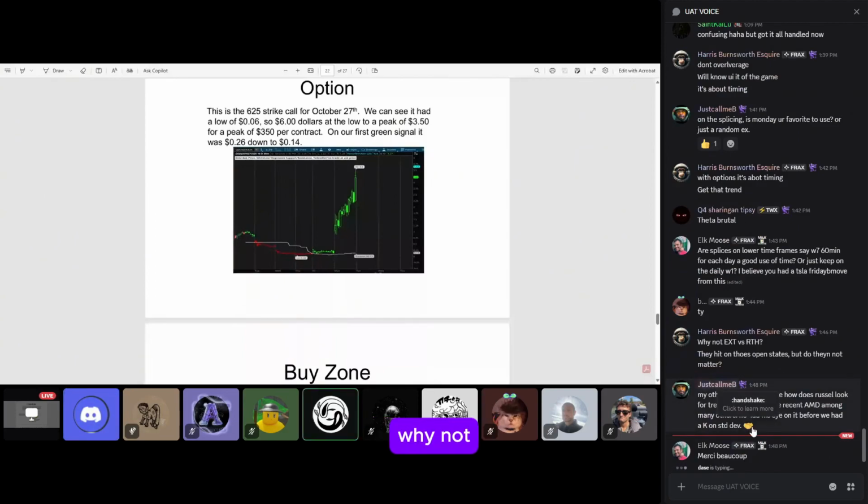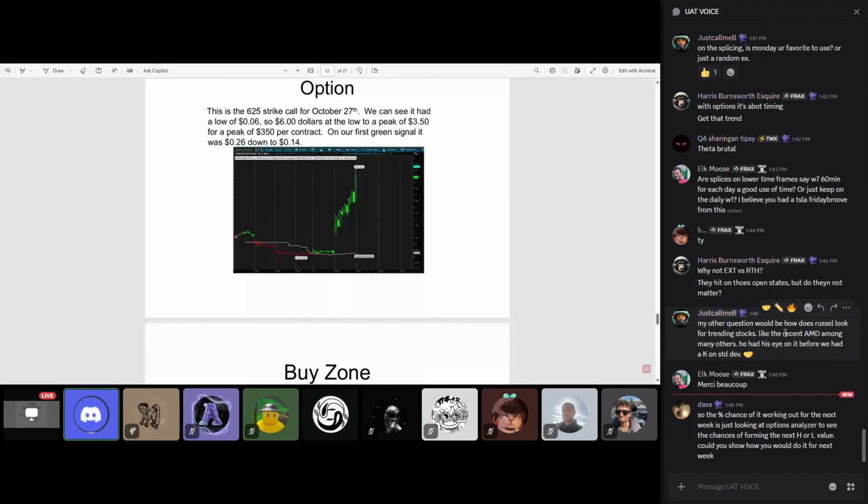Harry says, why not EXT versus RTH? They hit on those open states, but do they not matter? Yeah, since we build our data sets off RTH, for them to be open states, for example, for them to be closed, they do need to occur in RTH.